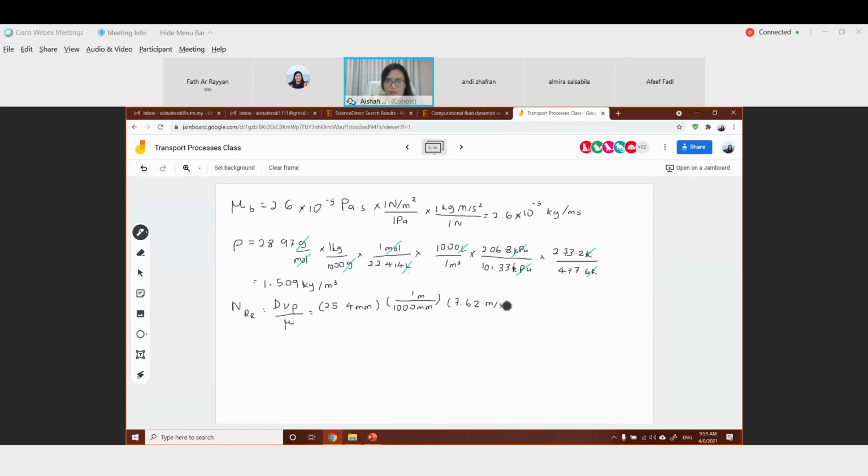The velocity was also given in the question earlier, and then of course the density, which we calculated just now, 1.509 kilogram per meter cube, divided by the mu. Mu in this case is the mu at the entry temperature, which is 2.60 times 10 to the power of negative 5.